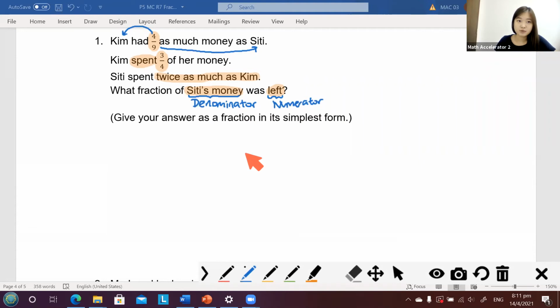Okay, so let's draw the model. This is Kim. This is Siti. So how many units do I draw for each of them? You can put K equals to how many units? Then Siti S equals to how many units?